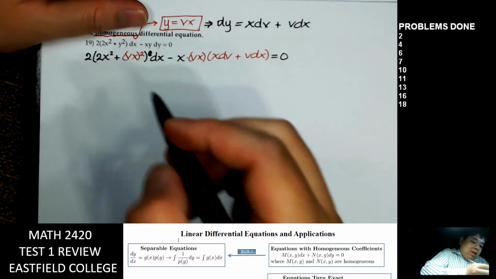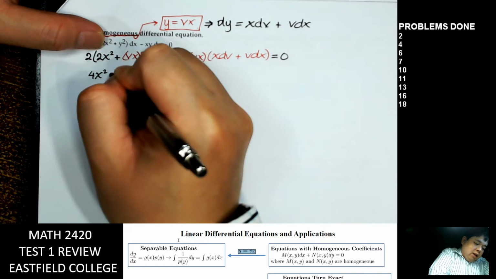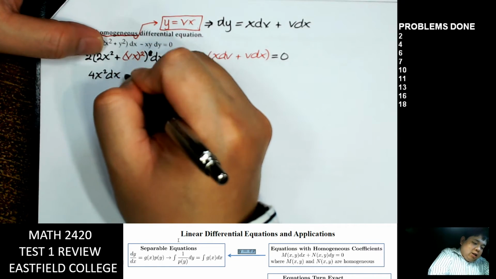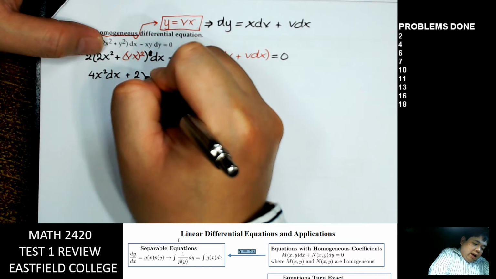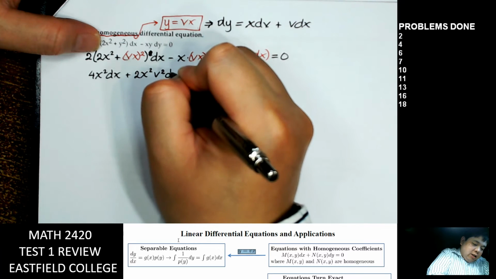Right, multiply everything out. 4x squared dx, and this is 2x cubed v squared dx.